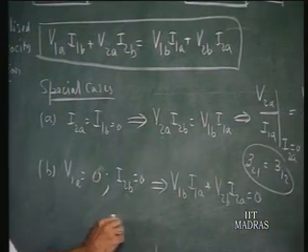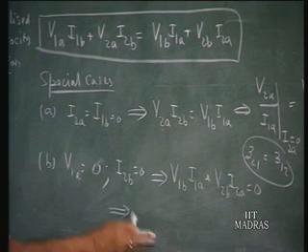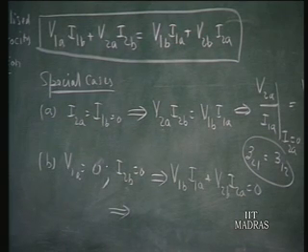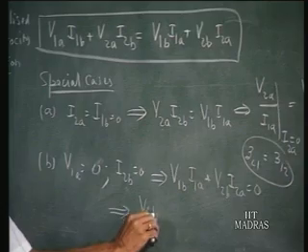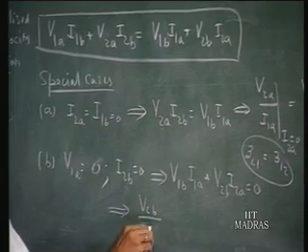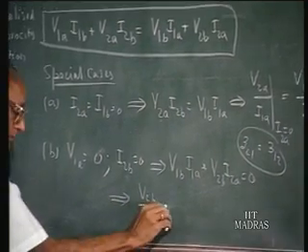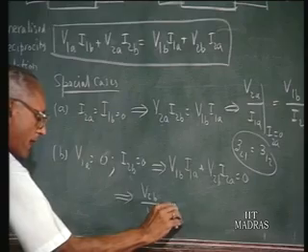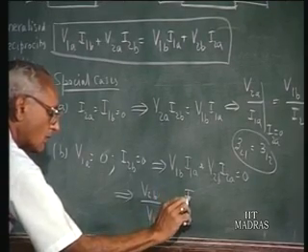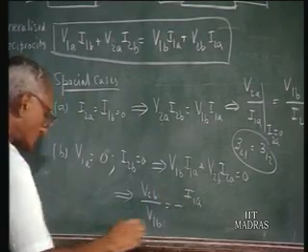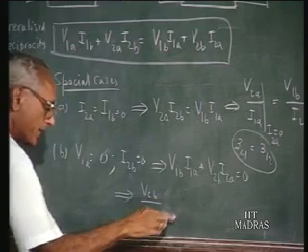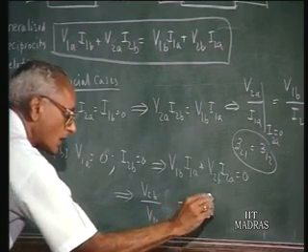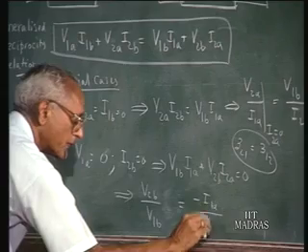What this would mean further is V2B divided by V1B equals minus I1A by I2A.